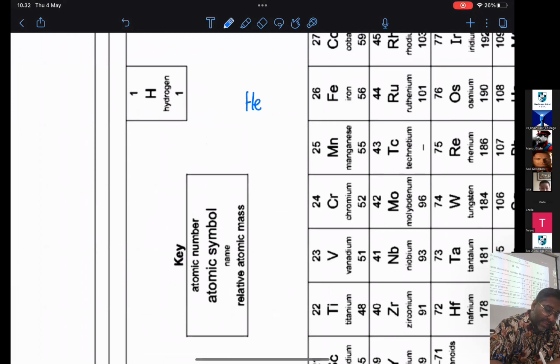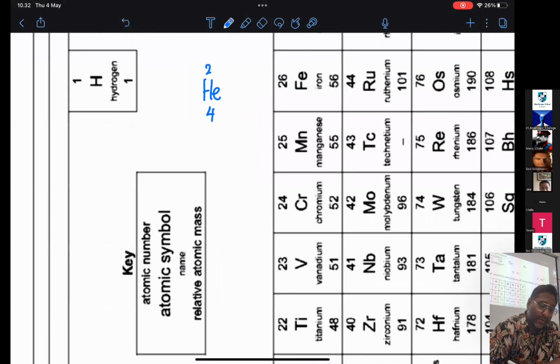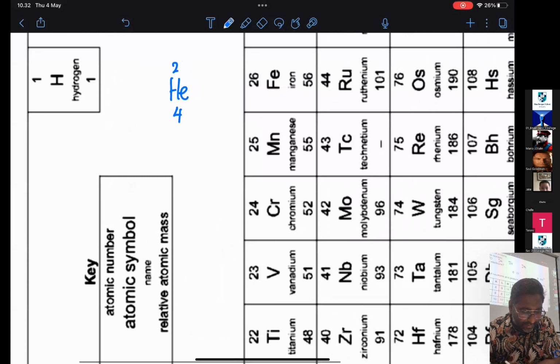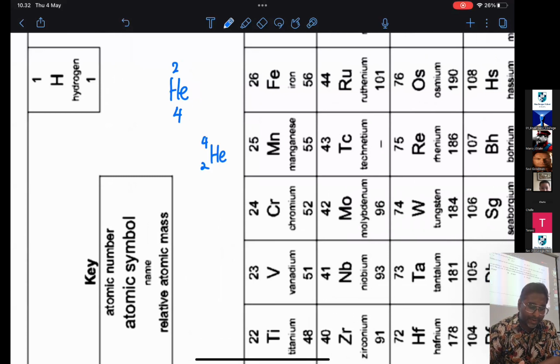Oxygen 16, 8. Cl 35.5 and 17. Magnesium 24 and 12. All this you can get from your periodic table. Where do we find the periodic table? At the end of the paper there is a periodic table. So please check your paper itself.